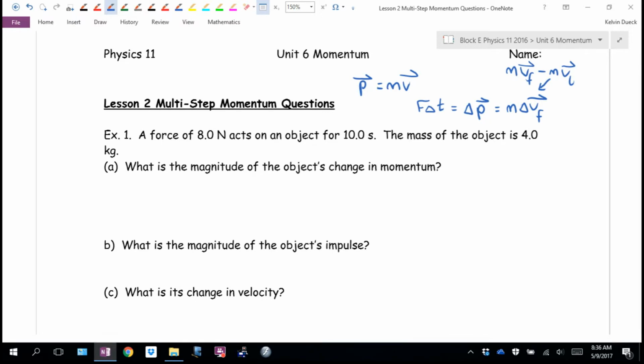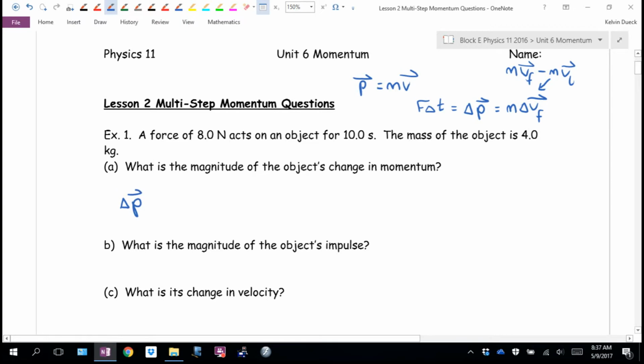So, example 1 says this: a force of 8 newtons acts on an object for 10 seconds. The mass of the object is 4 kilograms. A says, what's the magnitude of the object's change in momentum? What's this question asking me to find? Change in momentum. Another word for which is? The tricky part with impulse is I have so many different ways to find it.